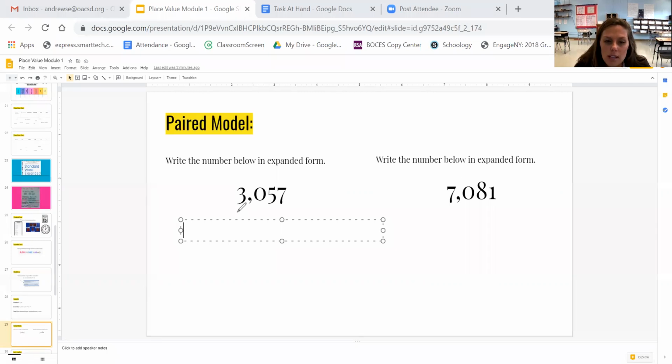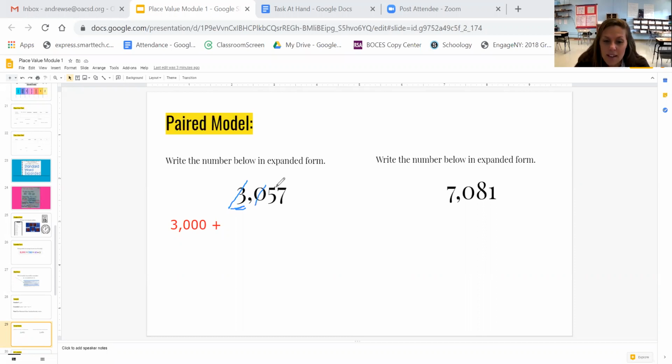So what I like to do is start in the biggest place value, which is the thousands place in this case, and I have 3 in the thousands place. So I'm going to add 3,000. My next place value is the hundreds place, but I have nothing in the hundreds place, so 0 is the same as nothing. So I'm not going to write anything.